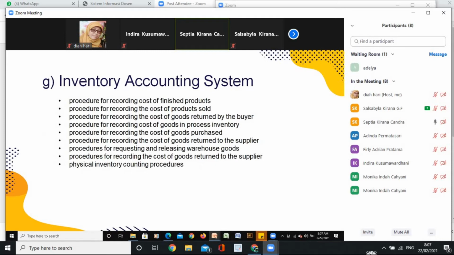This system contains procedure for recording cost of finished products, procedure for recording the cost of product sold, procedure for recording the cost of goods returned by the buyer, procedure for recording cost of goods in the process inventory, procedure for recording the cost of goods purchased, procedure for recording the cost of goods returned to the supplier, procedure for requesting and releasing warehouse goods, physical inventory counting procedure. Next procedure.